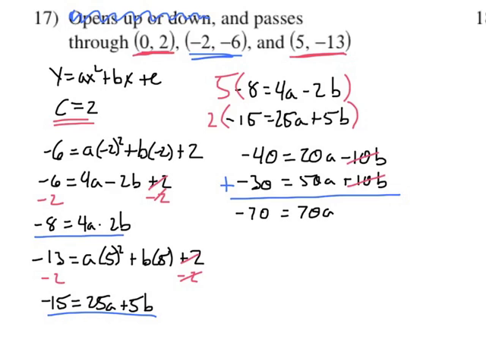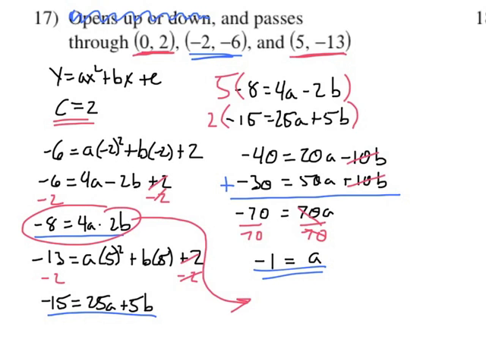The b's go away. Divide by 70. a equals -1. Now that we know a, we grab one of these equations and plug in for a. -8 equals 4 times -1 minus 2b.